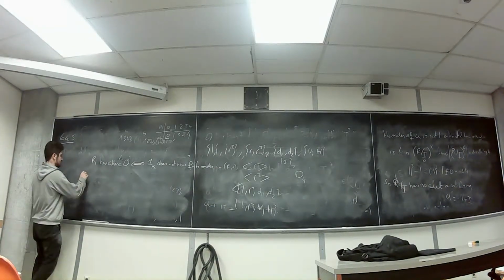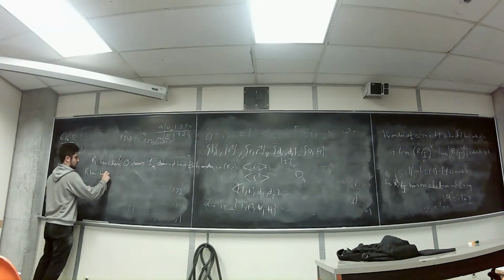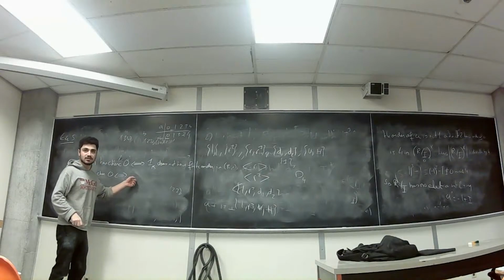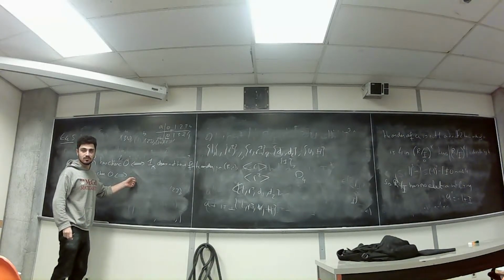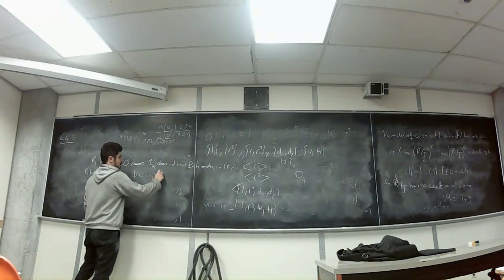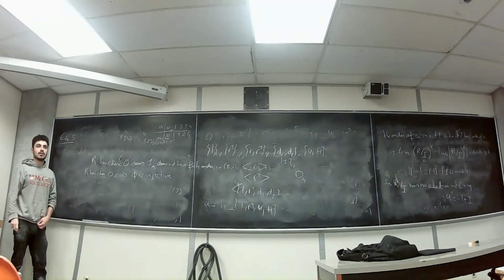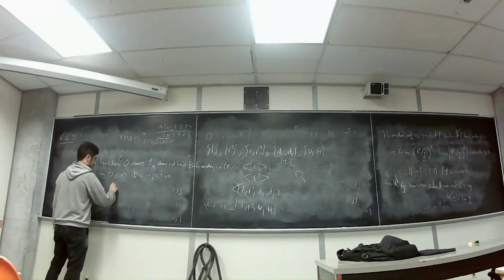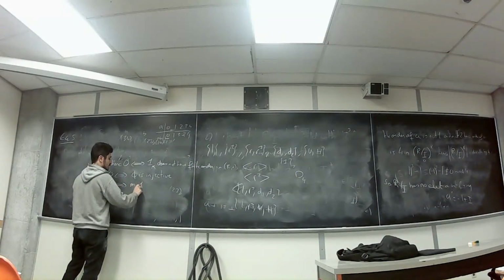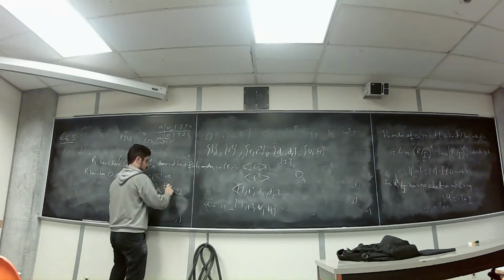So R has characteristic 0 if and only if phi is injective, where phi is the unique ring homomorphism from Z to R, if and only if m times 1R is different than 0R.